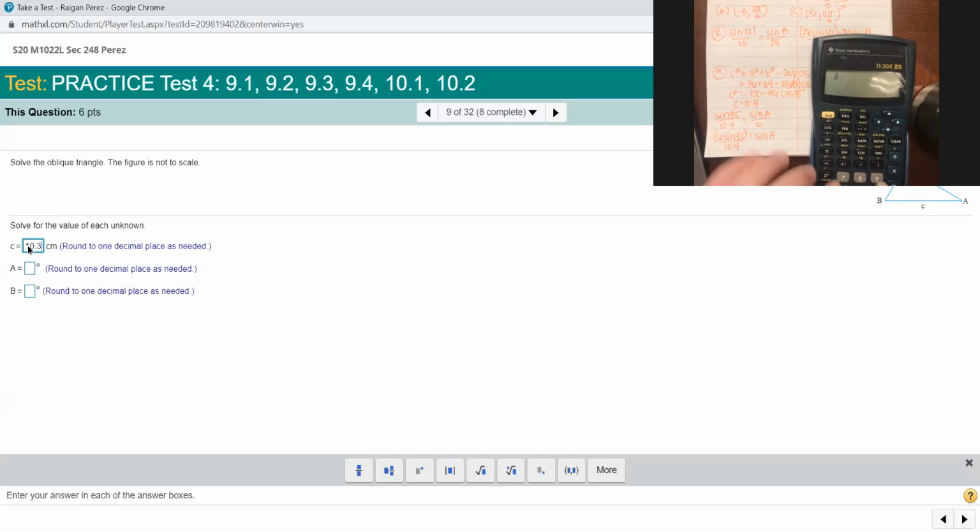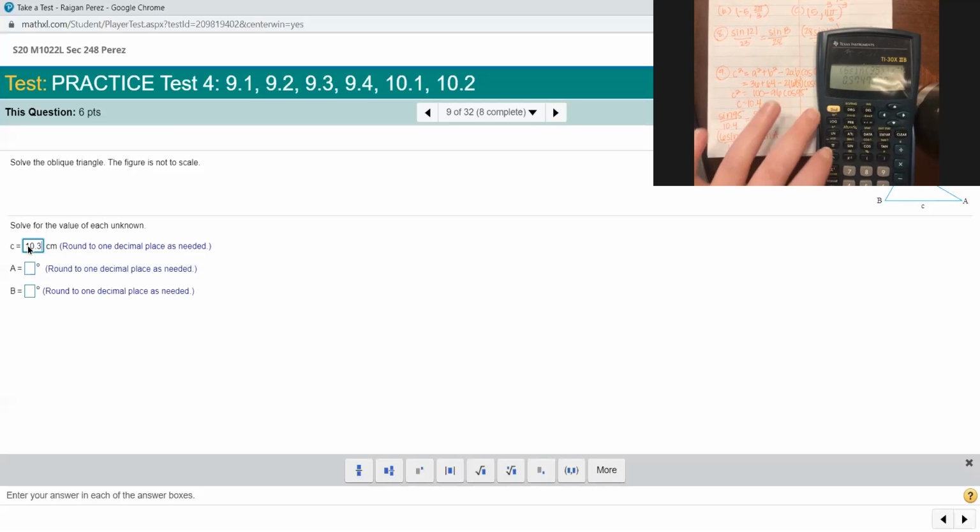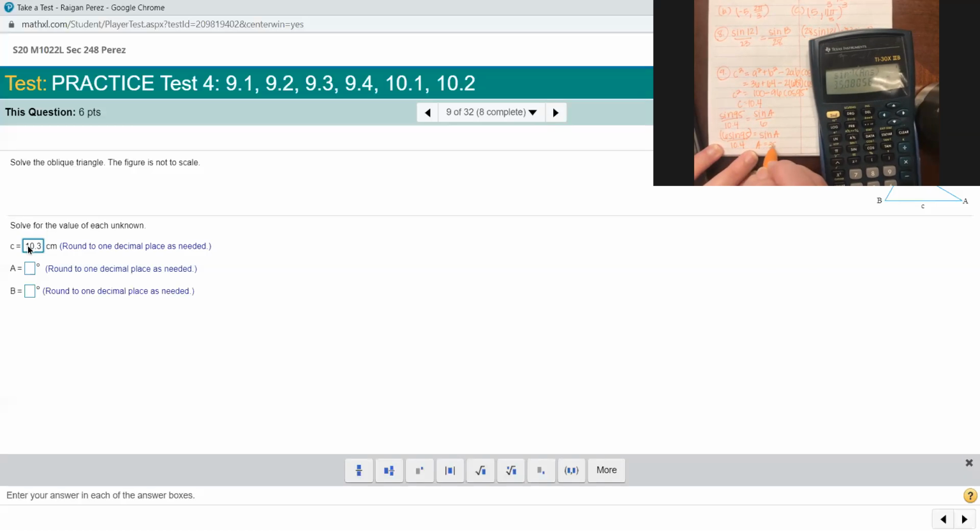So 6 times sine of 95 divided by 10.4 equals, and then sine inverse of that is 35.1. So A is equal to 35.1 degrees.